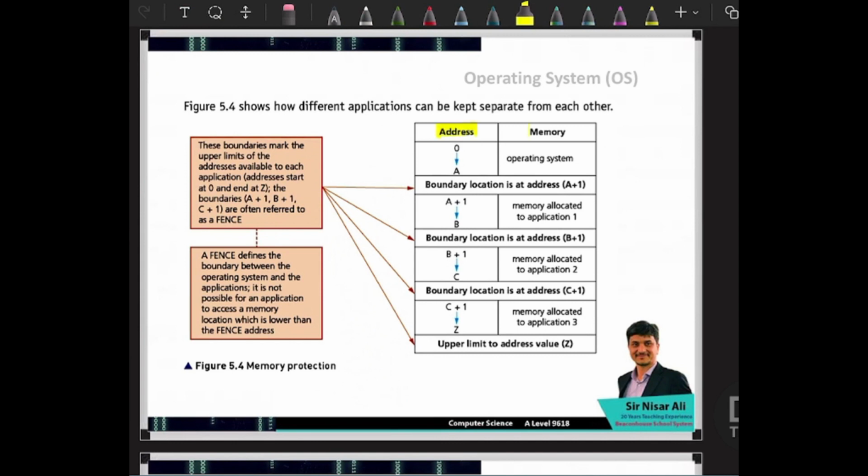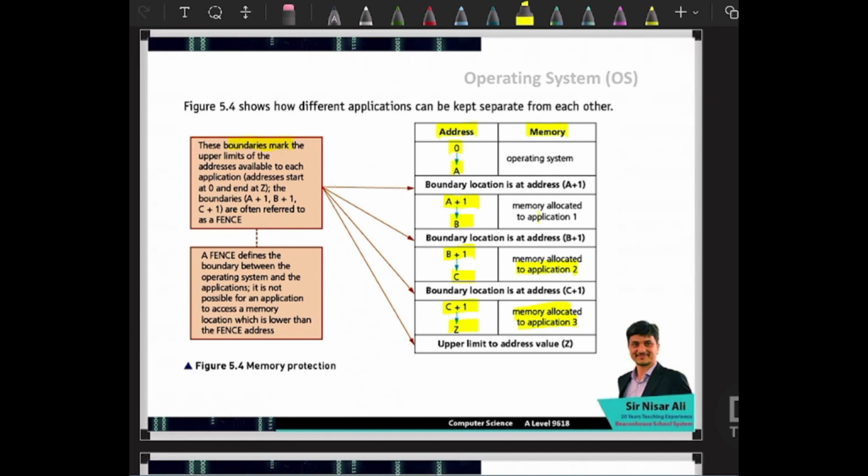This is the address and this is the memory of the operating system, which is given the space from 0 to A, and now there is a boundary location, that is A plus 1. Another application, when it is allocated memory, will get it from A plus 1 till B, and then the next application will be given the space from B plus 1 till C, and if another application comes, then C plus 1 till Z. So this is how the memory is allocated among the various applications.